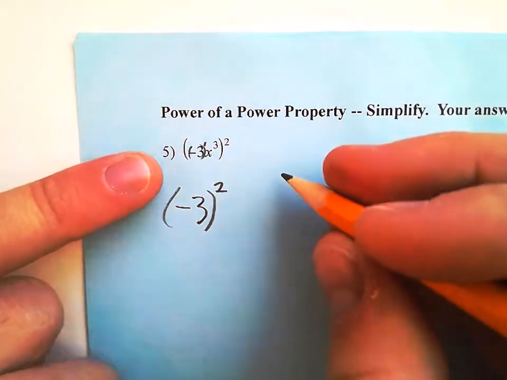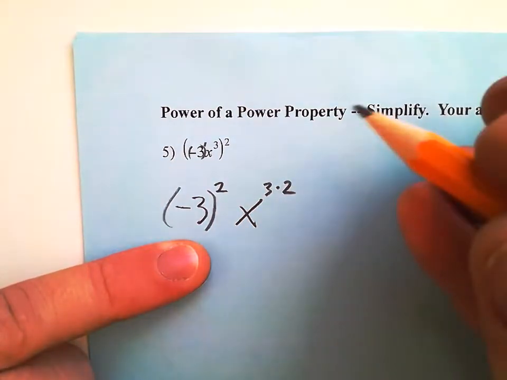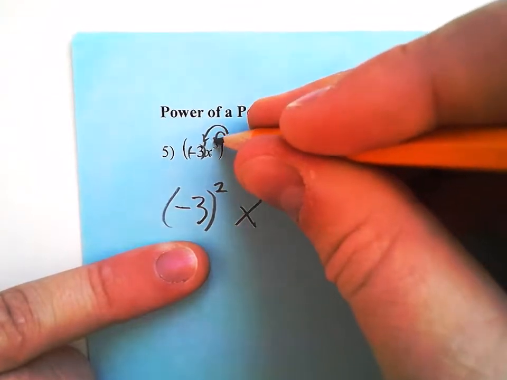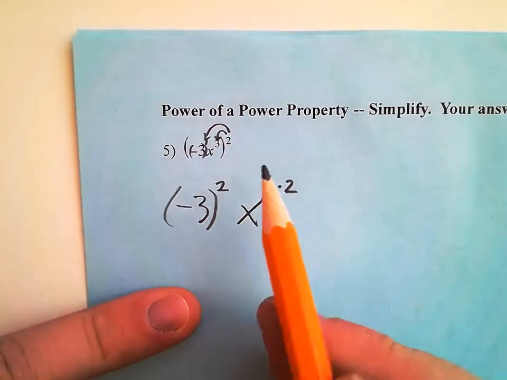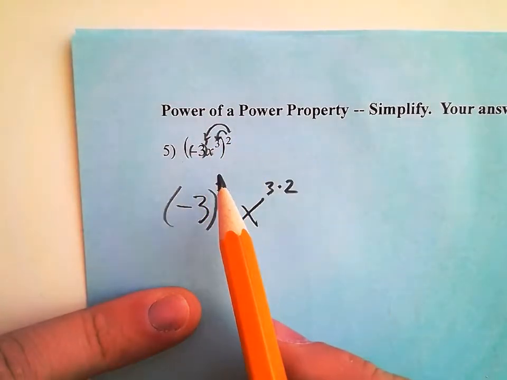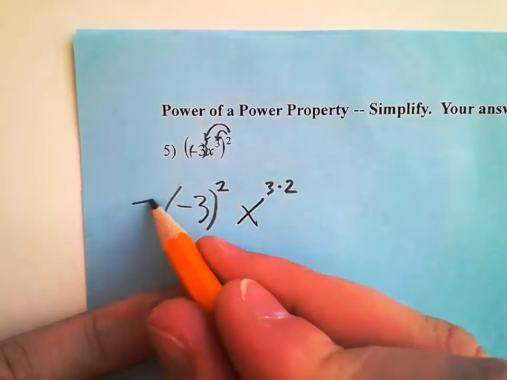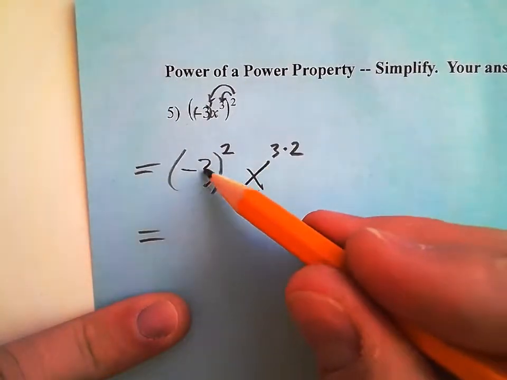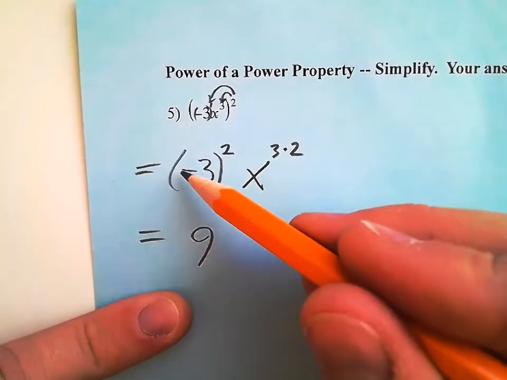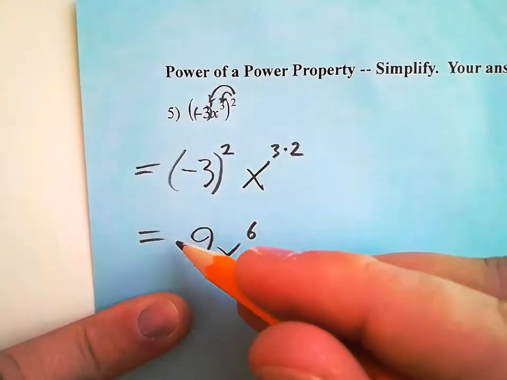And x to the third squared would be x to the 3 times 2. So we're multiplying here. 2 times 1 is 2. 2 times 3 is going to be 6. Don't forget to do all the pieces, and don't forget it's multiplying, not addition. Okay, negative 3 times negative 3 is 9. So the negative times negative will go away. X to the 6th. Hooray!